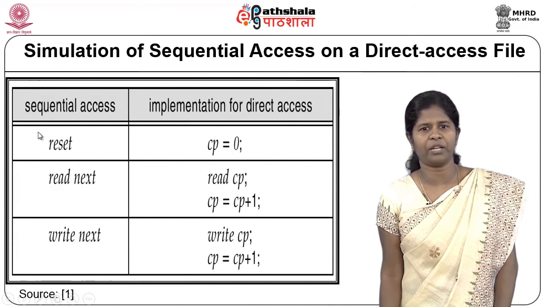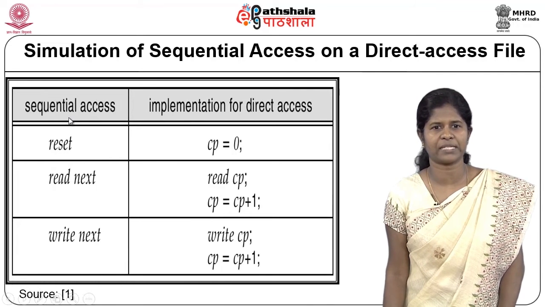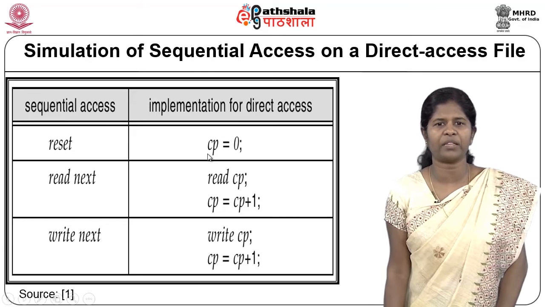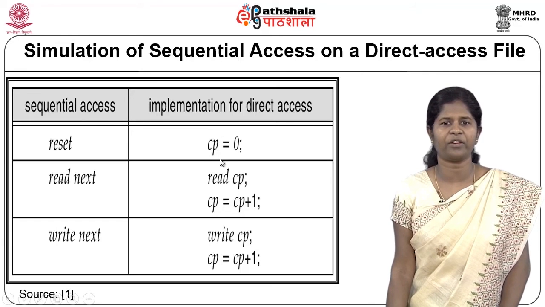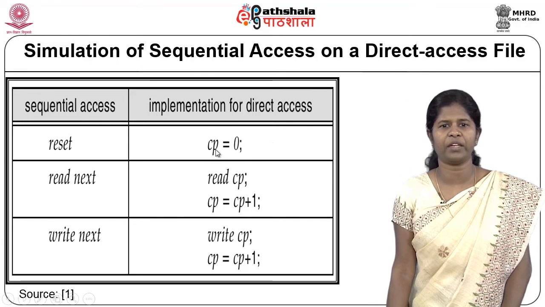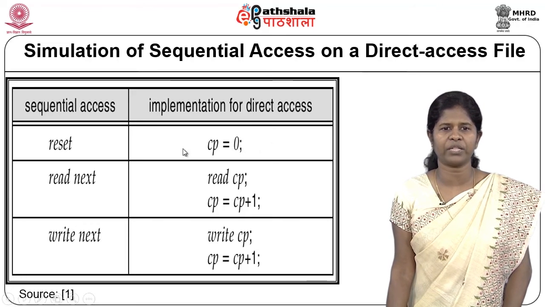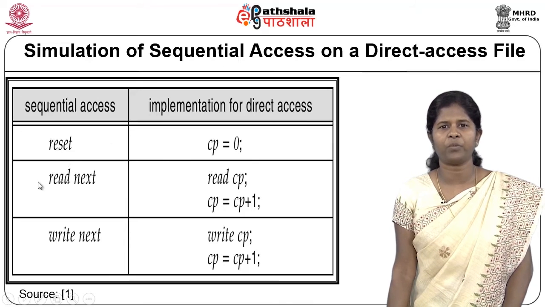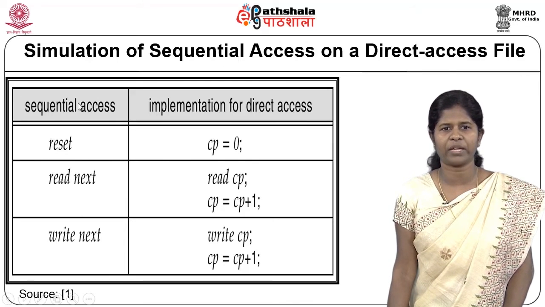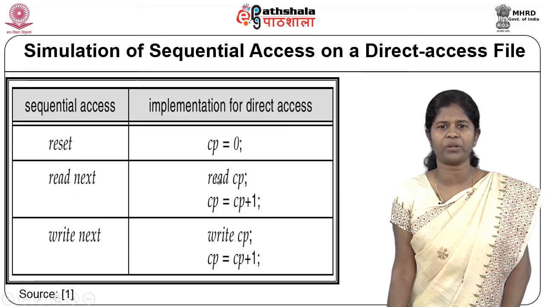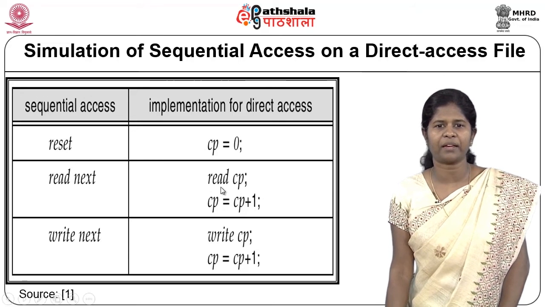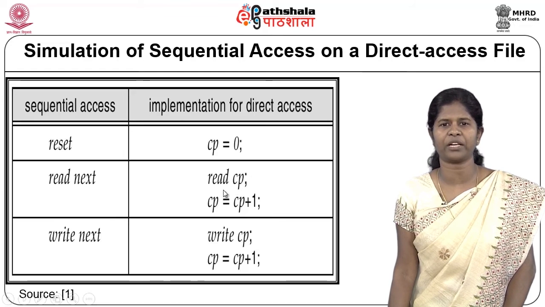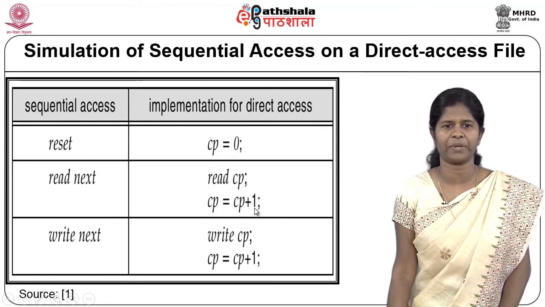If you want to simulate sequential access on a direct access file, then reset is very similar to moving the current pointer from where you are reading to 0. If the current pointer is moved to 0, then it is similar to reset in sequential access. Reading the next block can be done very similarly in direct access: read the current position, and then increment the current position to current position plus 1.